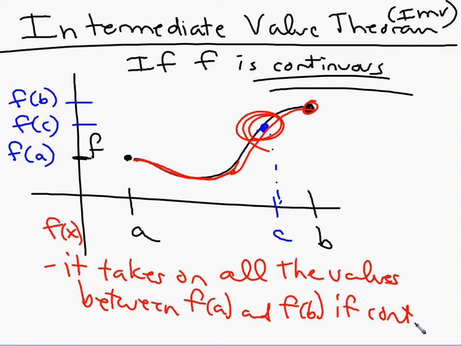If it is continuous, it will at some point go through f of c. Has to. And that is what the intermediate value theorem says.